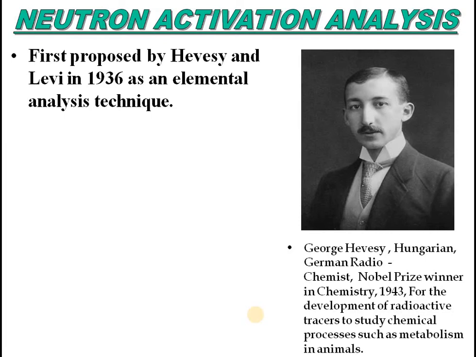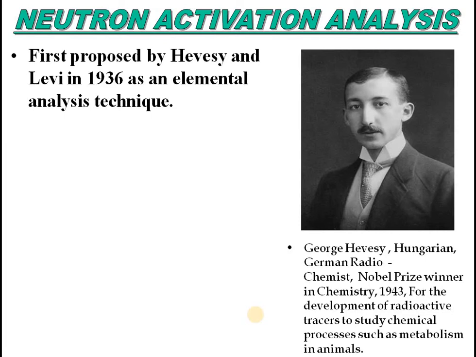He was a Nobel Prize winner too. So he was the pioneer in designing such a technique, the neutron activation analysis technique, in 1936. Anyway, still many other physicists contributed to the improvement of neutron activation analysis.